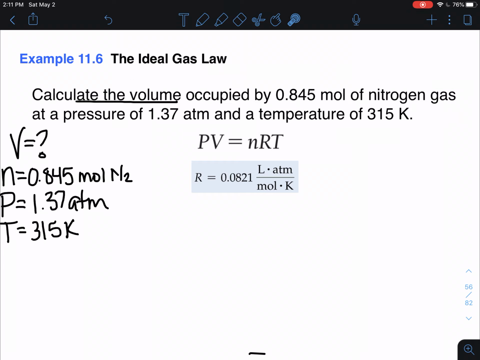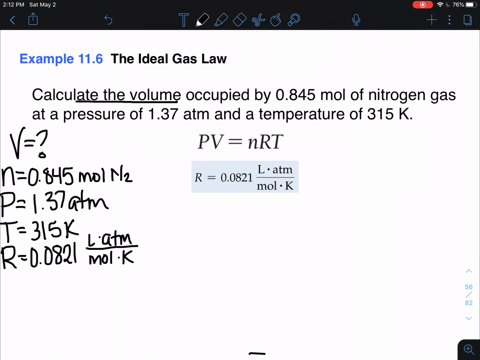For good practice, R equals 0.0821 liter atm over mole K.